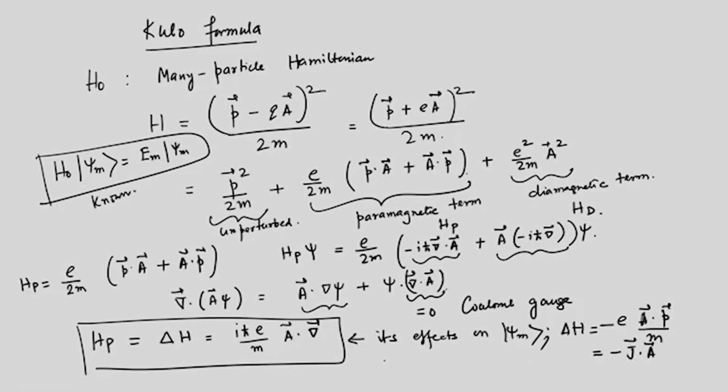Okay. So, we are going to work with this as the perturbation, which is minus J dot A, and the effect of this perturbation to linear order in A is what we actually talk about. Okay. So, let me write down the perturbation term, and the effect of this would be considered on the conductivity of the problem, and in particular we talk about the Hall conductivity.